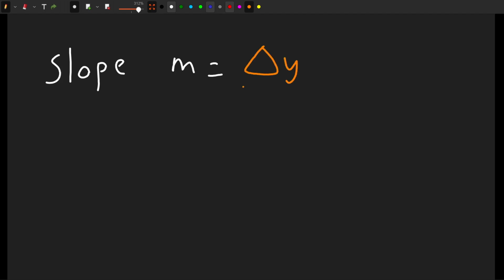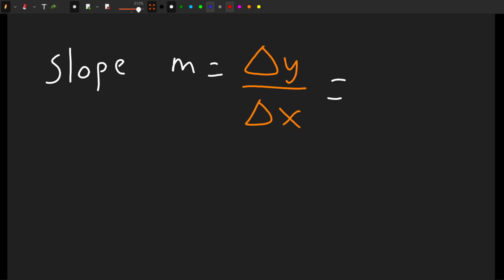To put things in more formal terms, the slope m is equal to the change in y, or delta y, over the change in x, delta x. You don't need to worry too much about this; delta is actually a Greek symbol, basically a triangle.